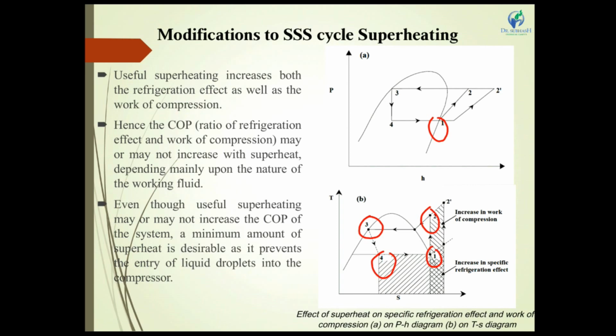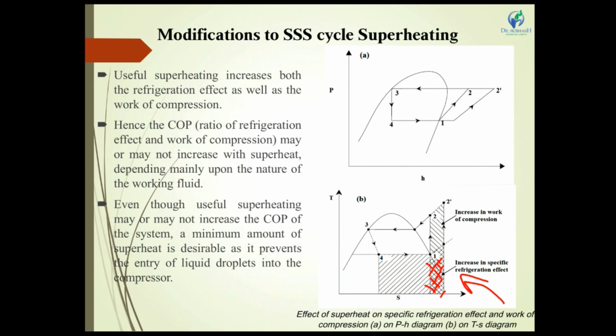If the superheating process is done inside the evaporator, that also increases the refrigeration effect. If this process is done outside of the evaporator, it may not affect the refrigeration effect or COP, meaning the refrigeration effect stays the same, not increasing, and COP also not increasing.